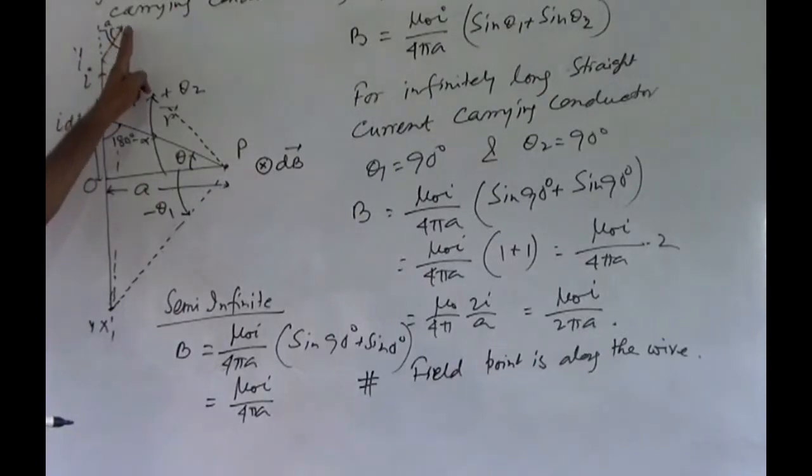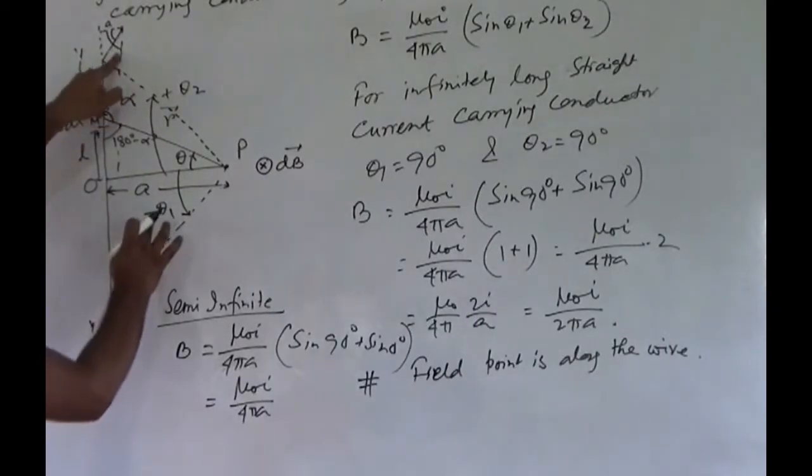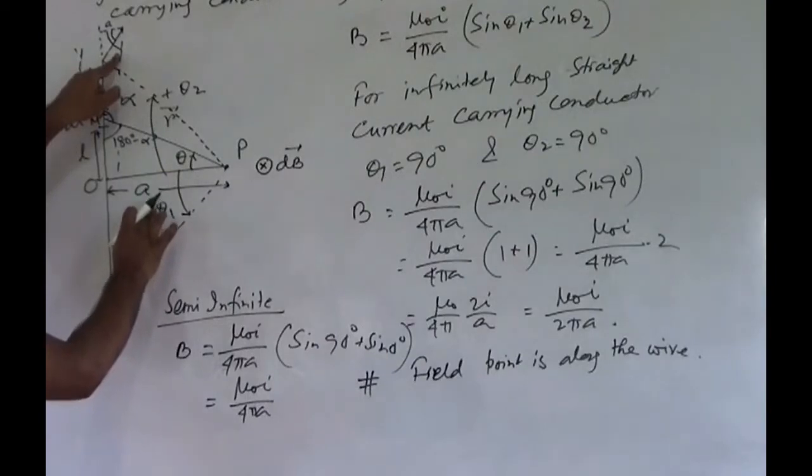And if the point comes closest to the line of the conductor, then theta 1 and theta 2 are both increasing and both tend to 90 degrees. But see here, theta 1 is positive, it is negative. Here there is already a negative term.